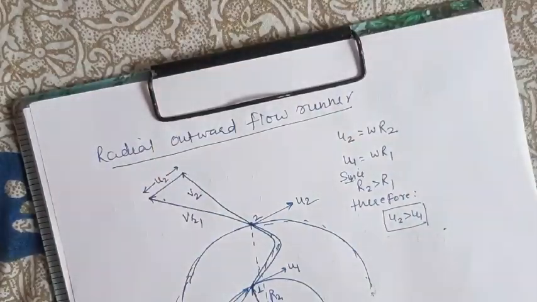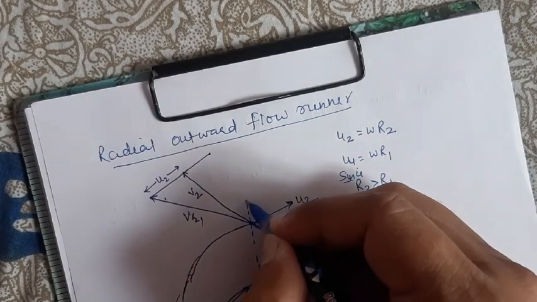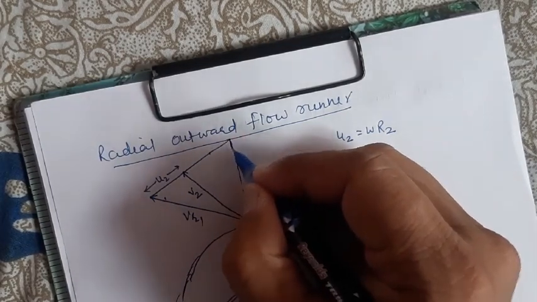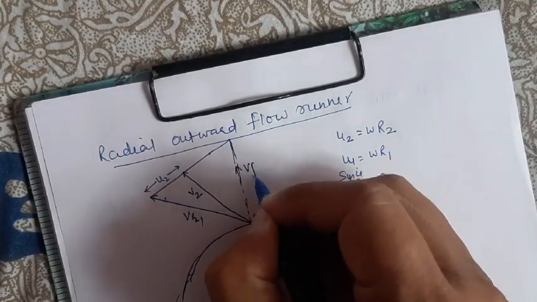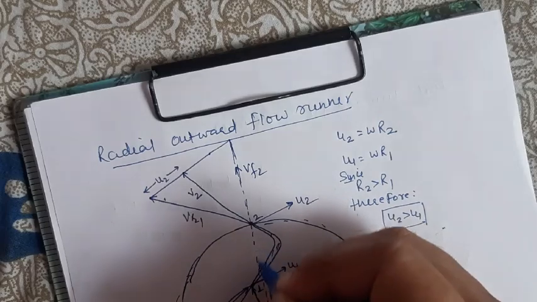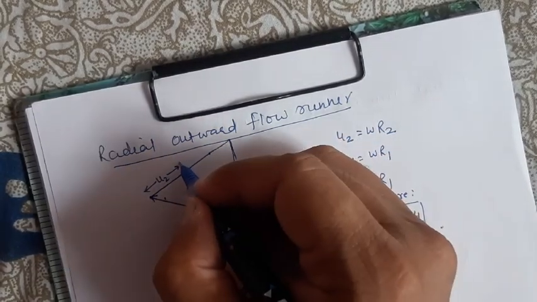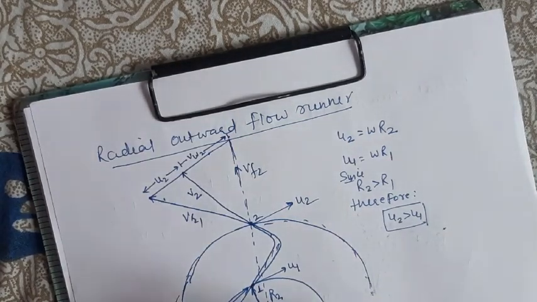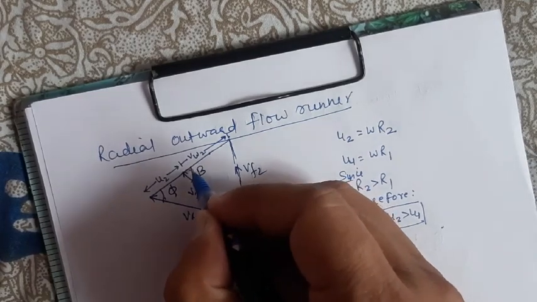Then two components of V2: one along the direction of motion of the vane, another in the radial direction. This is Vf2, the flow component in the radial direction to signify the radial flow, and this is Vw2. Again, this angle is phi, the blade angle at exit, and this angle is beta.